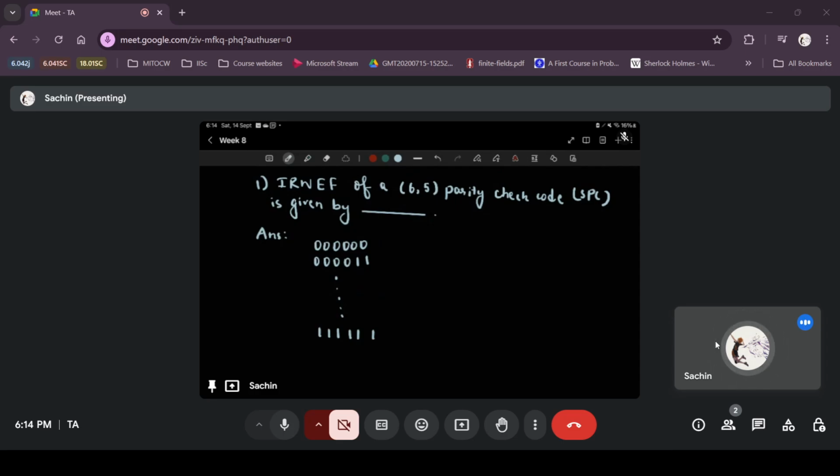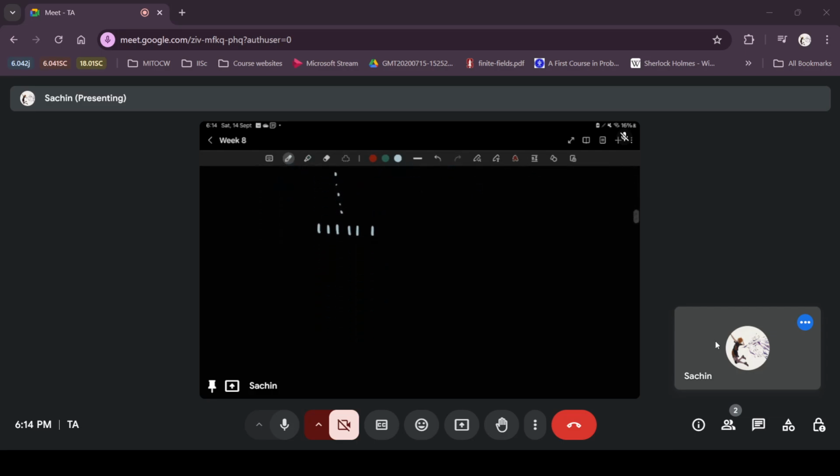Now to calculate the IRWEF, the input redundancy weight enumerating function, you can write that as A of W comma Z, the sum of Aij W power i Z power j for all code words.